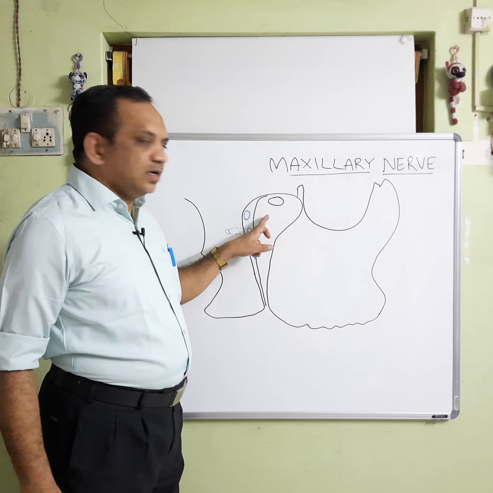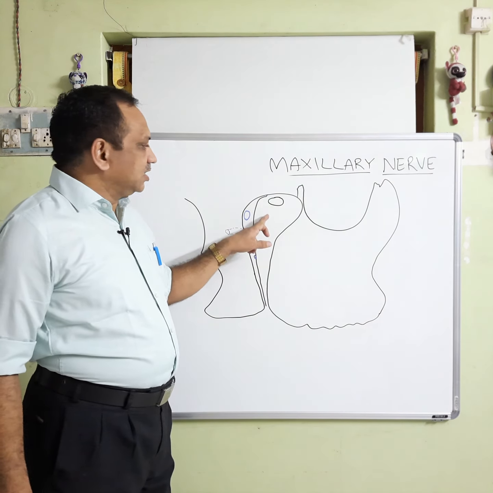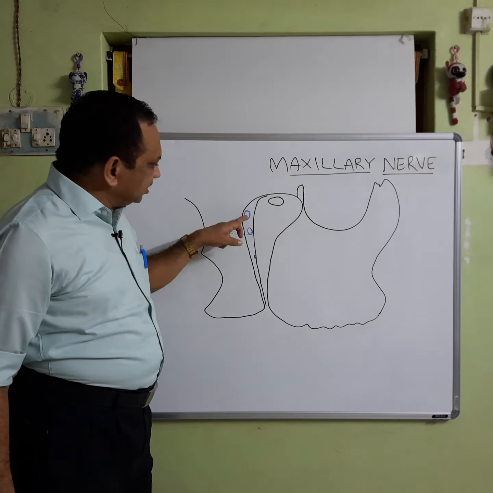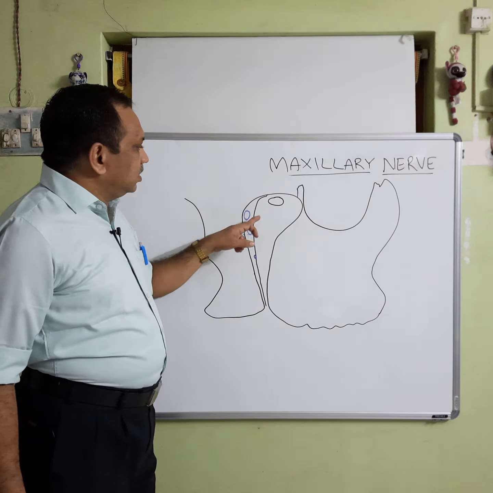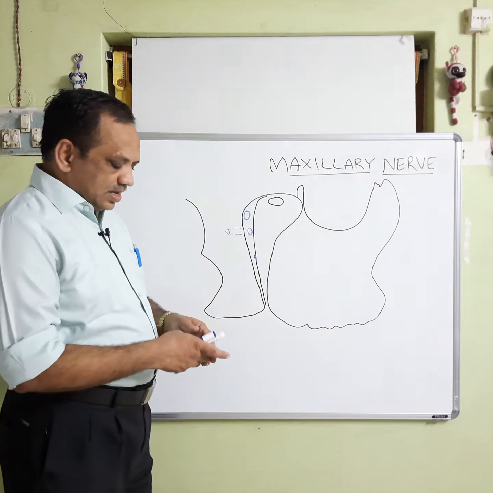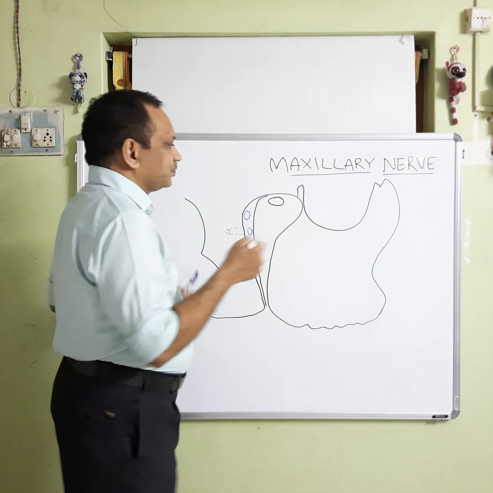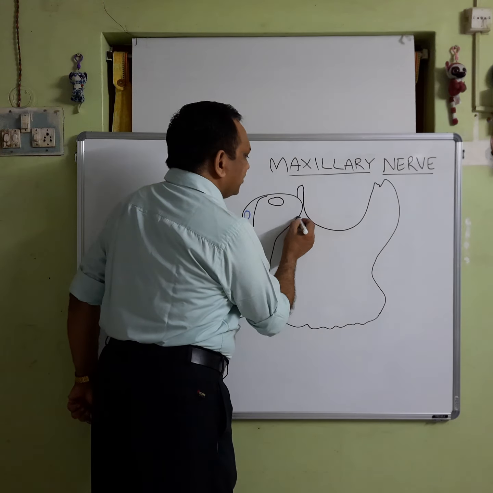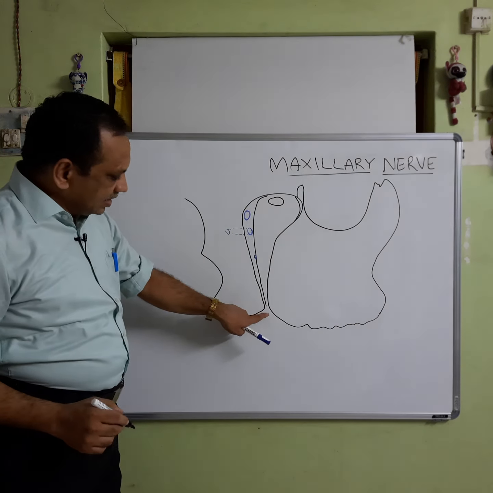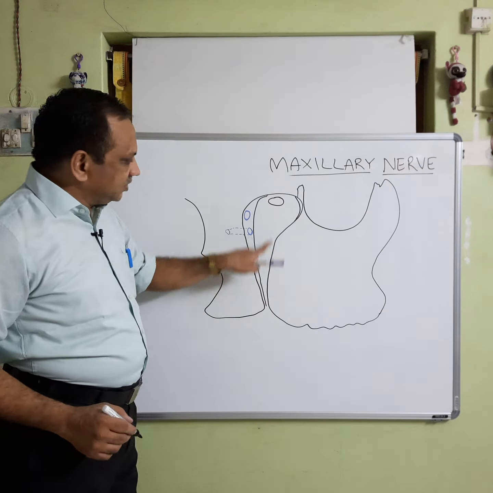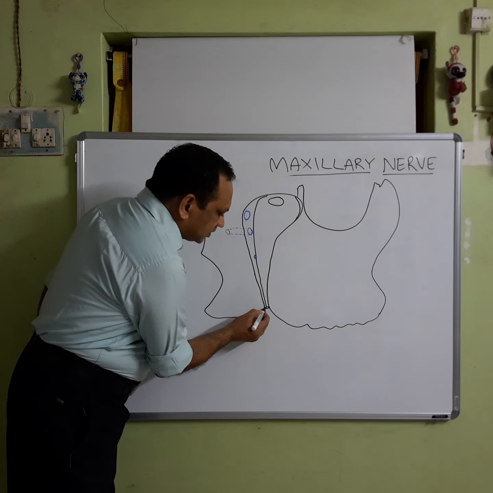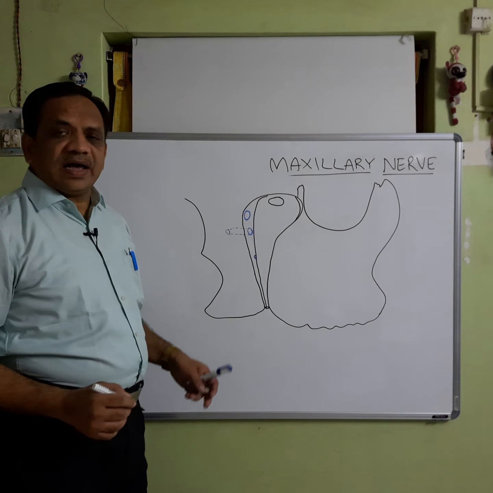Thus this pterygopalatine fossa communicates with the middle cranial fossa through the foramen rotundum, with the nasal cavity through the sphenopalatine foramen, and with the orbit by means of the inferior orbital fissure, and this is the apex of this fossa which opens down as the greater palatine foramen.